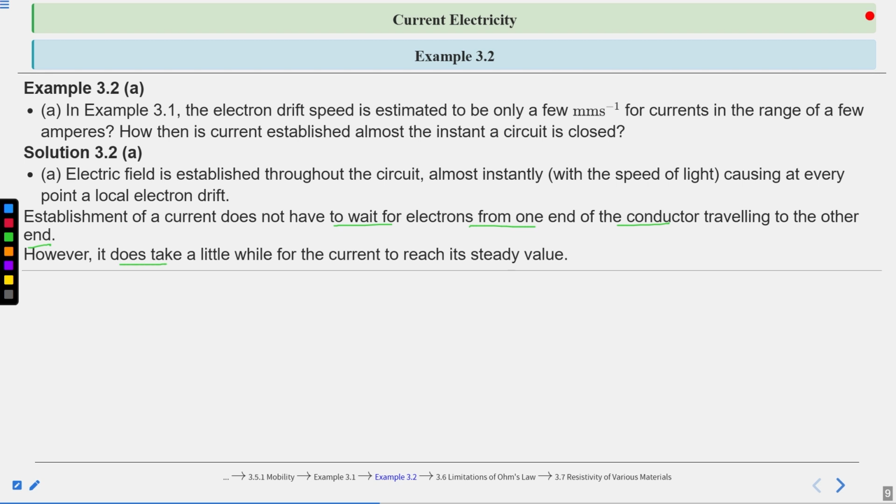However, it does take a little while for the current to reach its steady value. As we close the circuit, at that instant current is established, but it is not the steady value of the current. It will take a very short time to get a steady value.